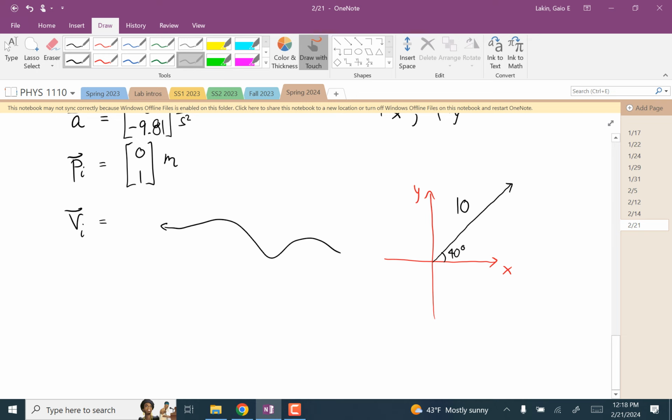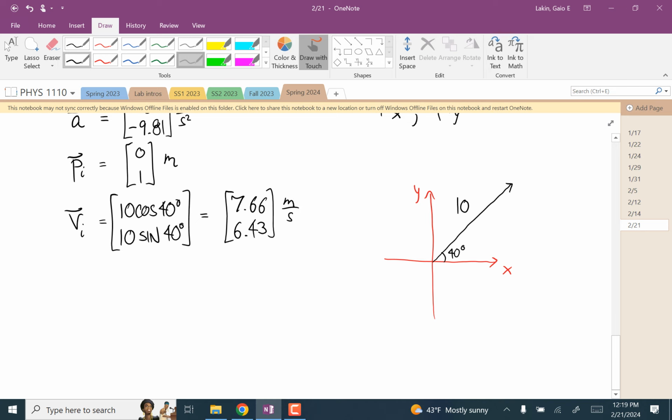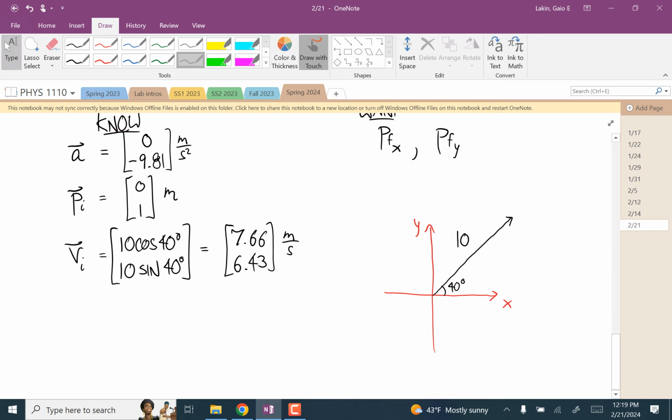So this is going to be 10 times the cosine of 40, 10 times the sine of 40. And that comes out to be 7.66, 6.43. You're almost always going to have to do that on these problems. You're going to have to use information about the speed and some kind of angle to figure out what the components are.